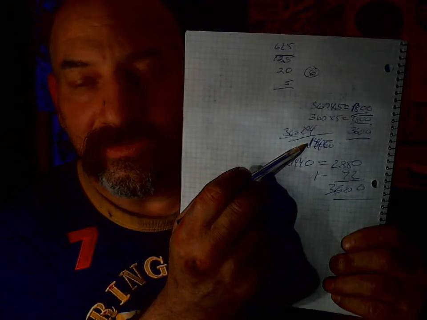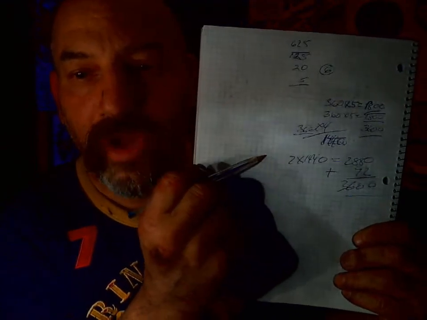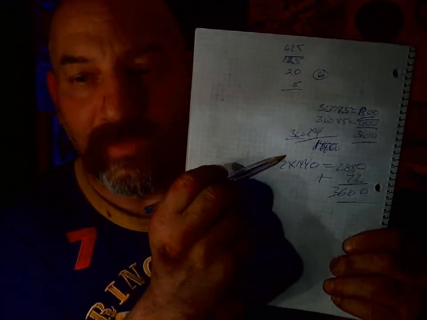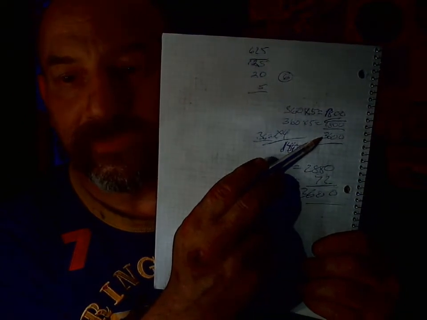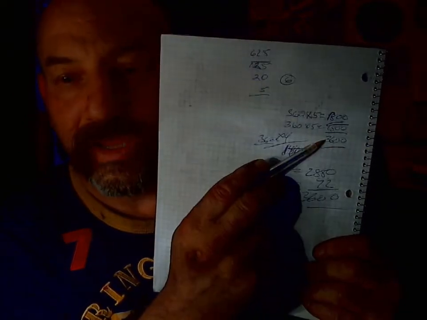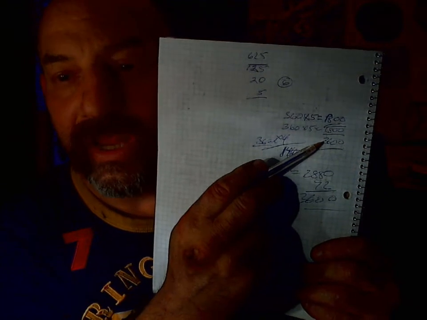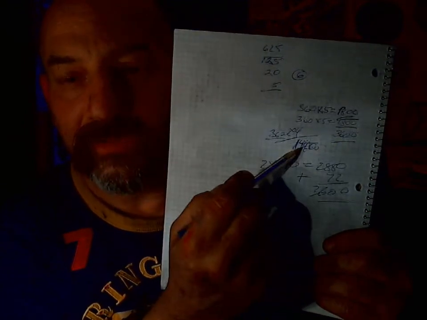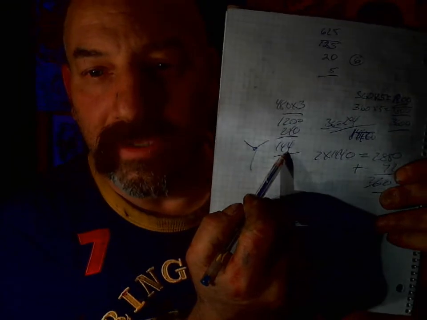Mayan days, there's 240 hours and 240 hours. 240 hours in here and 240 hours in here is 480. 480 times 3 is 1,440.